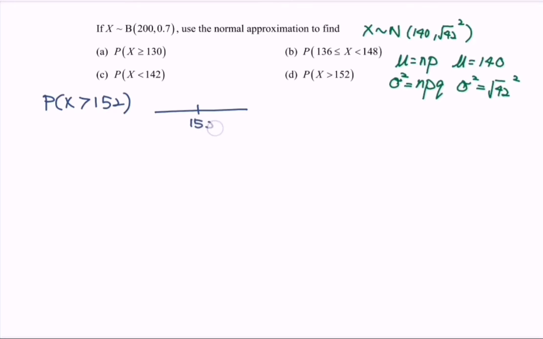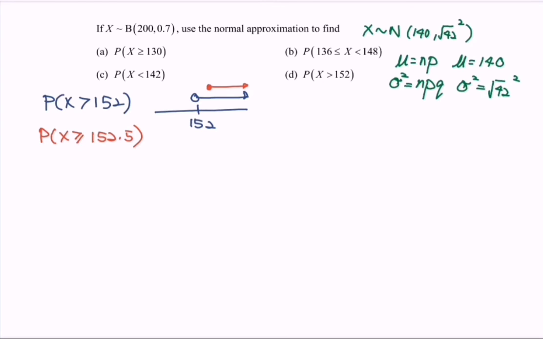Where we have 152, an empty circle towards the right. So remember, when we have an empty circle, it means that we need a filled one, which is inside the interval. So in this part, we need to add 0.5, where we have the probability that x is greater than or equal to 152 plus 0.5. So 152.5. First step, continuity correction.